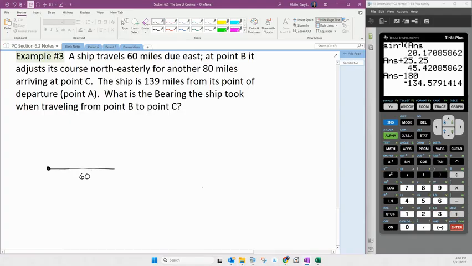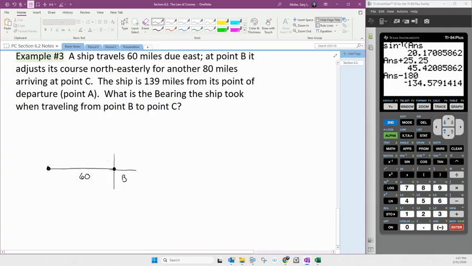At point B, it adjusts course. So let's call this point B. And we're going to adjust course, and it doesn't tell me specifically, but a northeasterly direction. So northeasterly, let's go ahead and make a compass rose. So I'm trying to be very straight and organized here.